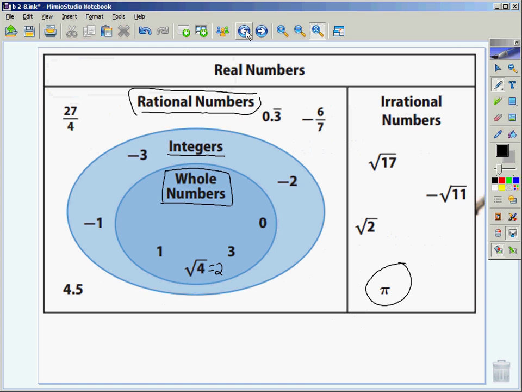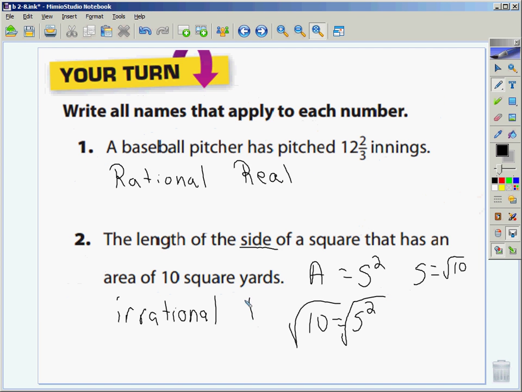If it's irrational, it definitely eliminated rational, integer, and whole. But what else is it? It's also real. Do you understand how to classify them? We good?